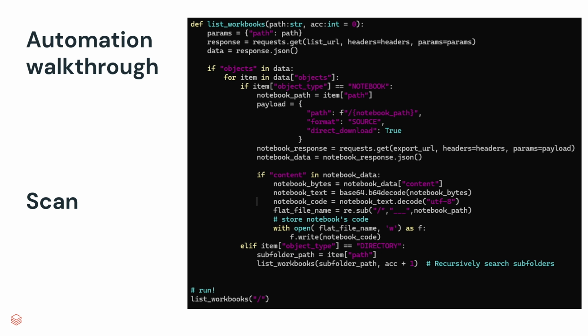Right here where the captions are is the first call to the function called list notebooks, and it gives you the root directory. Before we actually get here, you probably think, Alex, why are you making such a fuss? You go to the Workspace UI and you search, and it will give you all the notebooks with this table. Yes, indeed it will, but you get multiple pages in the output, and you will not be able to replace and test and manage things.